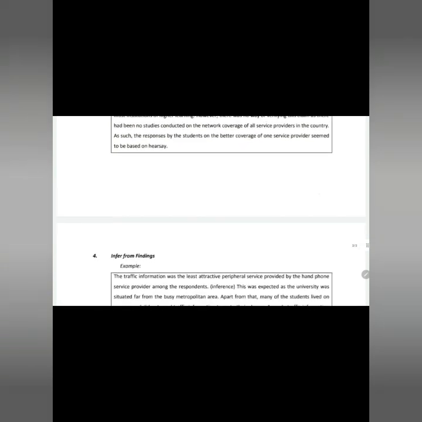Next, or you can make inference, like this one: this happened because of this. So this is how you can make inference based on the situation. And again, as I said, logical. Okay, let's move on.